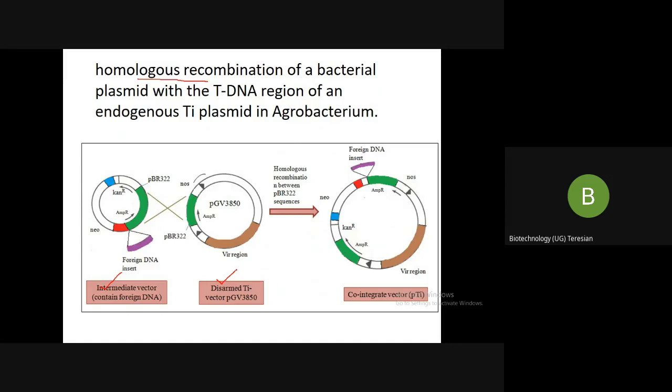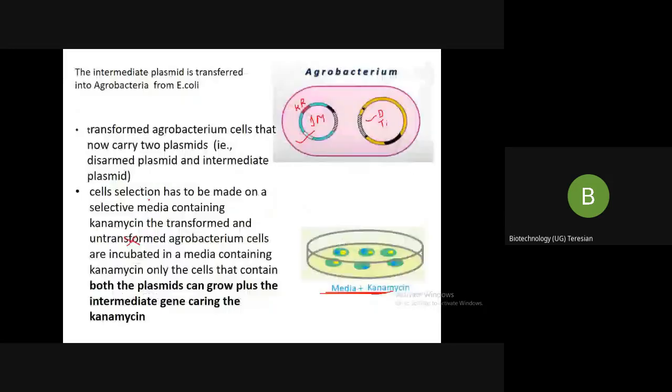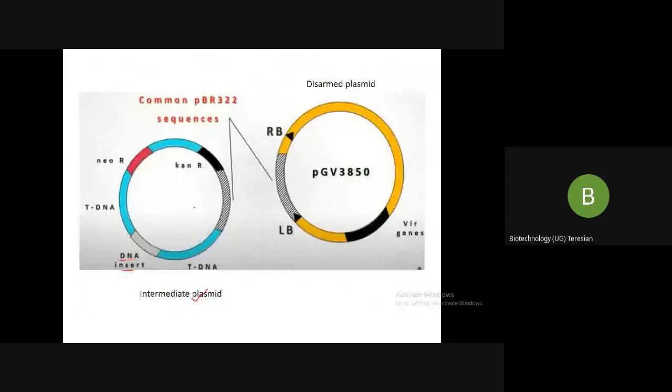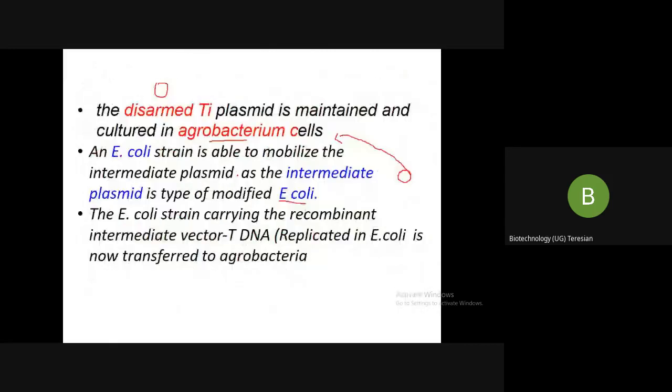And what is this homologous region? Your homologous region is this pBR322, which was derived from E. coli. See, these both are the same. In this first picture also we told that we have introduced this common sequence. Now you know the importance of the common sequence.